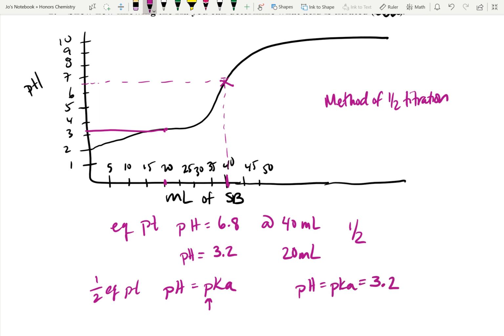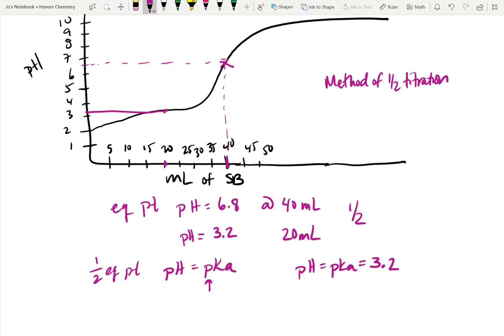And I want to find out what the Ka is. So how we go from pH to H+, we use this equation. Well, it's going to be the same idea. Ka is going to be equal to 10 to the negative pKa. So Ka is equal to 10 to the negative 3.2.